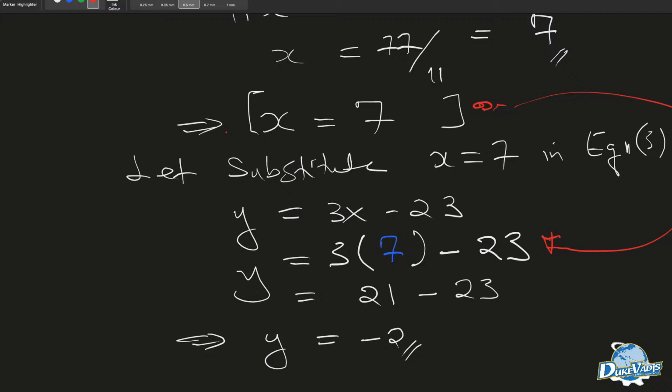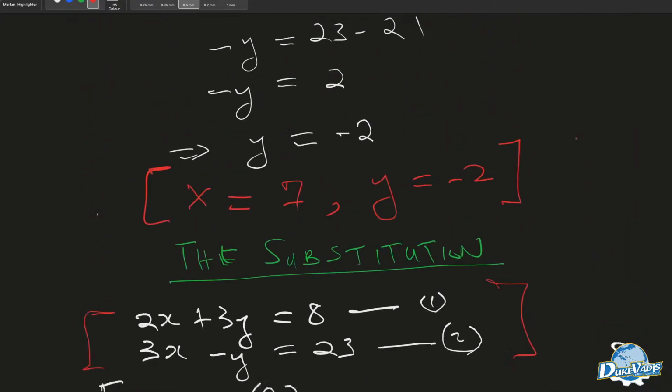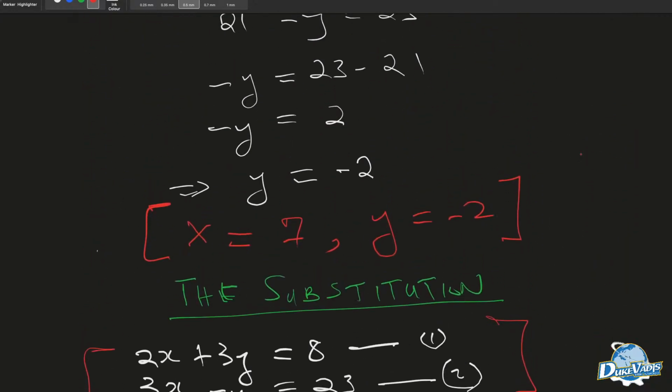We all know that when you multiply 3 by 7, you get 21 minus 23, as you can see. So 21 minus 23 gives us -2. As compared to the elimination method, let's see what answers we got. These are the answers we got for the elimination method, meaning we are on track.